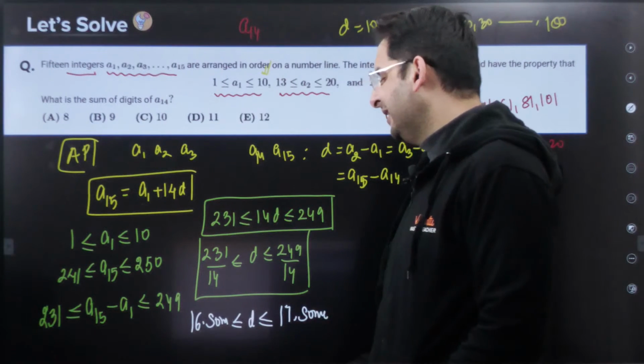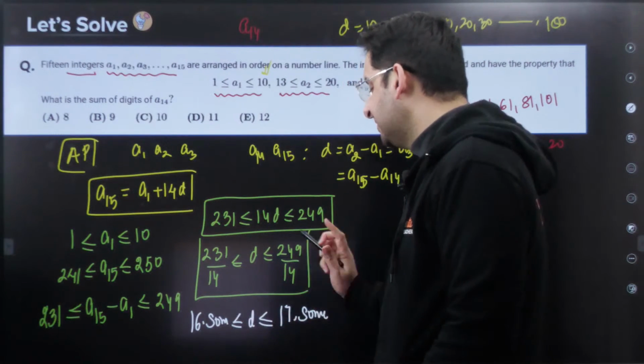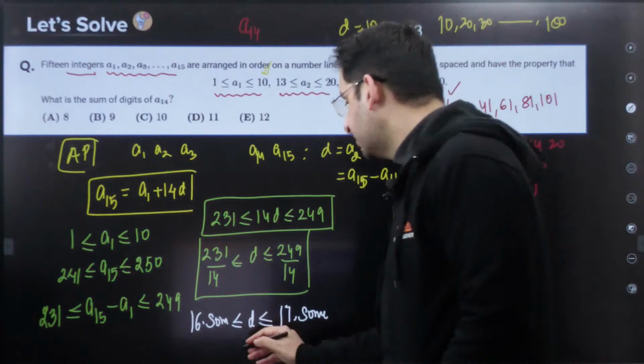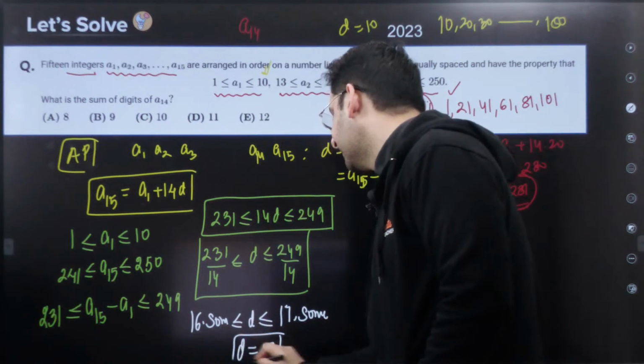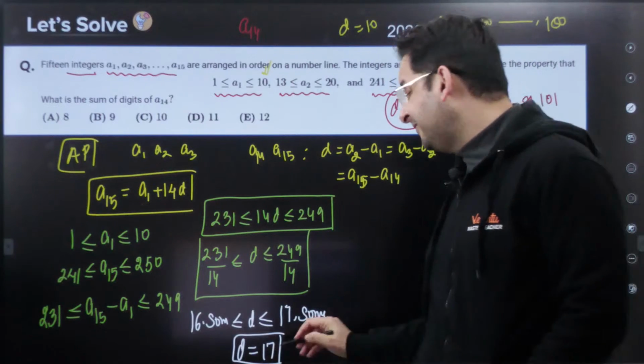So this clearly says D का वैल्यू 16 point something से 17 point something के बीच में है. So clearly D has to be 17. D integer है तो D 17 ही होगा.